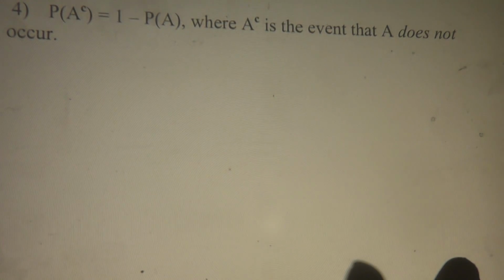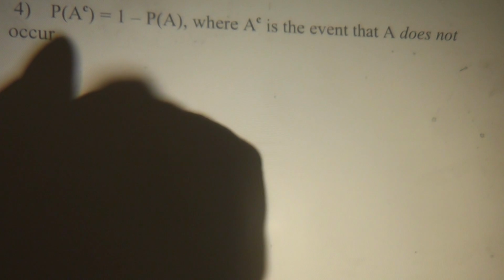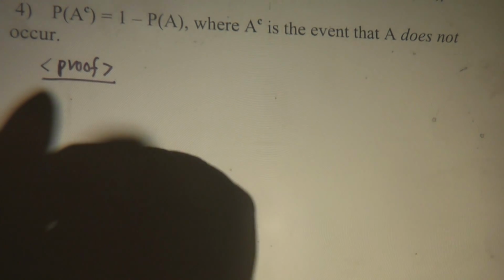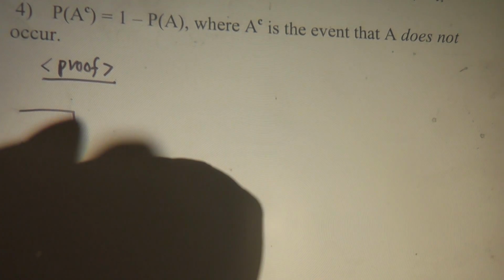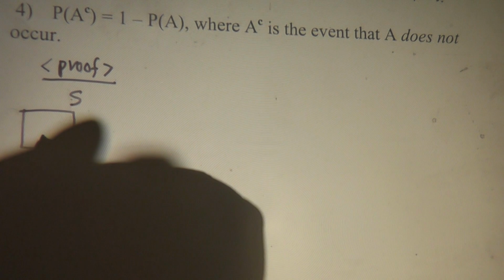And next one, property or rule number 4. Let's look at rule number 4. For this one, I'm going to give you a very simple proof. Recall the Venn diagram. This is the sample space.